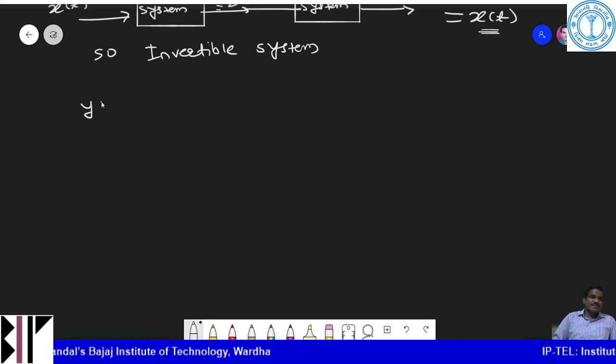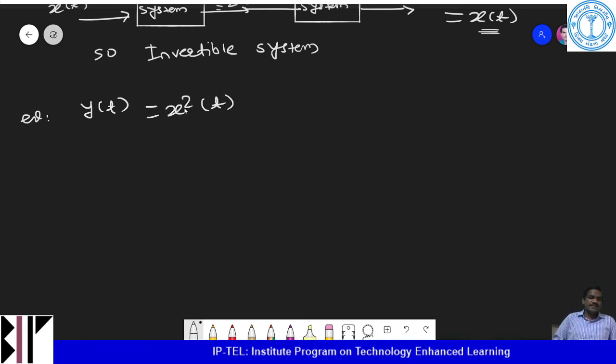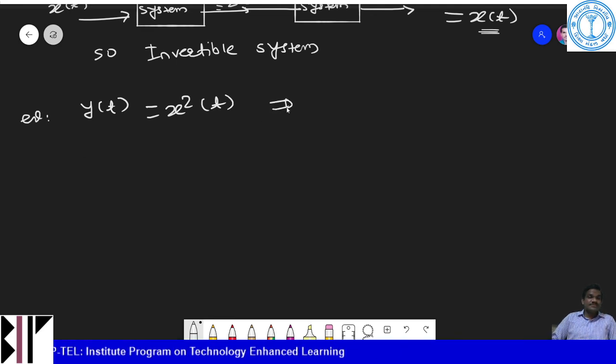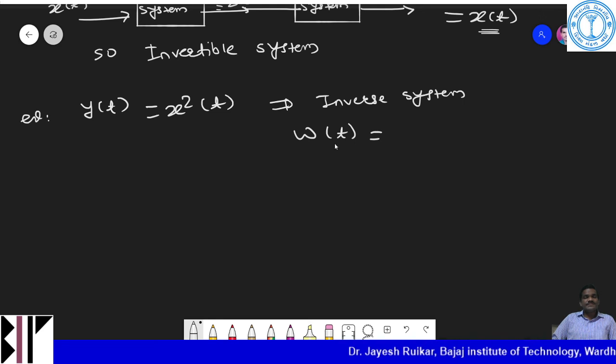If we have a signal y of t, y of t is nothing but x square. Now this square is there. So what is the inverse system? For the inverse system, w of t, this is one of the notations we have been using, w of t is nothing but the square root.